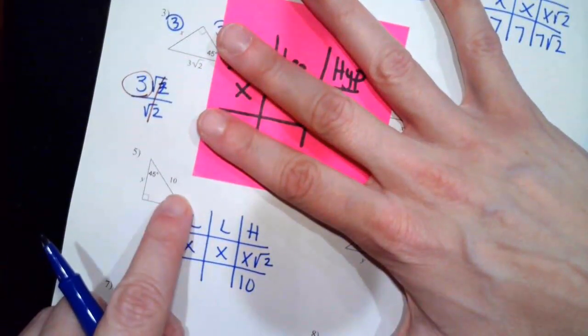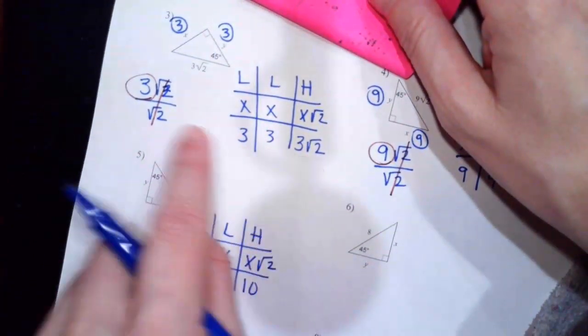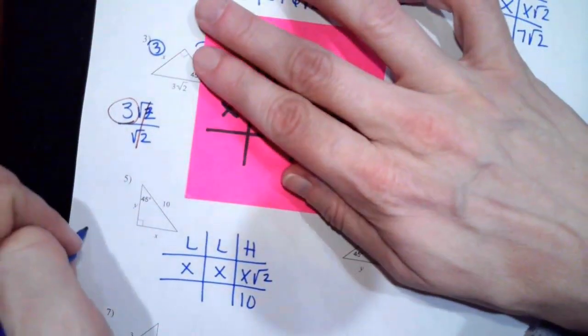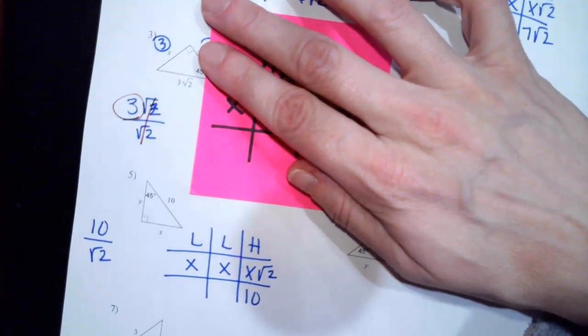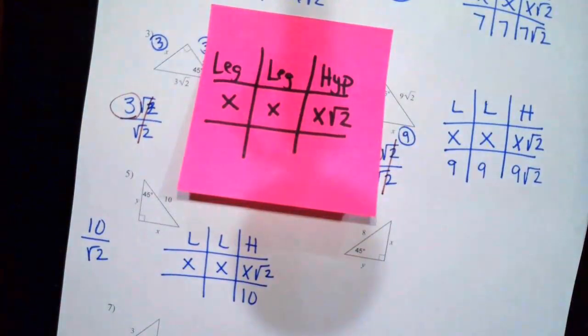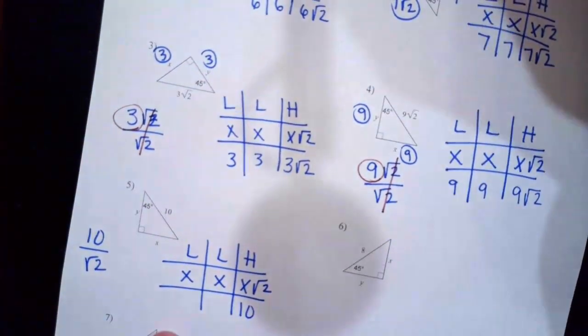It's just a 10. But didn't I say up here, when you were getting rid of it, you're basically dividing by it? So we would have to do 10 divided by radical 2. And that's going to get kind of ugly. I'll leave that for either later this year when we have more time, or I'll leave that for your Algebra 2 teachers. So we're going to teach you a little shortcut.